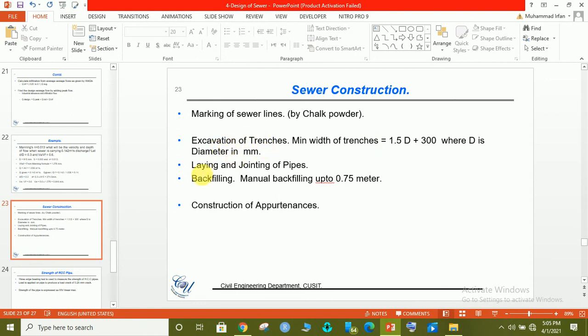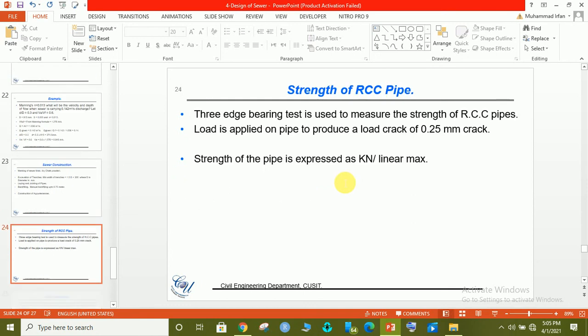Then the lining, joints of the pipes, and backfilling, manual backfilling up to 0.75 meter. Backfilling means the earth that covers the sewer pipes, and construction of appurtenance. Appurtenance is basically the supporting items that are needed for any type of sewer.